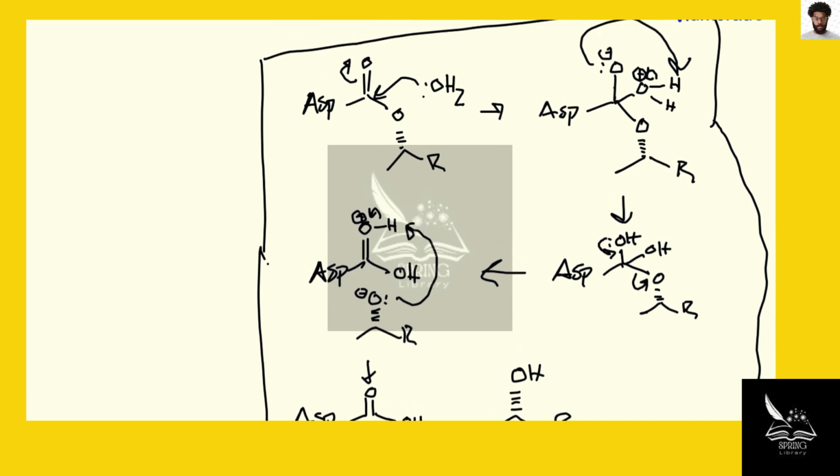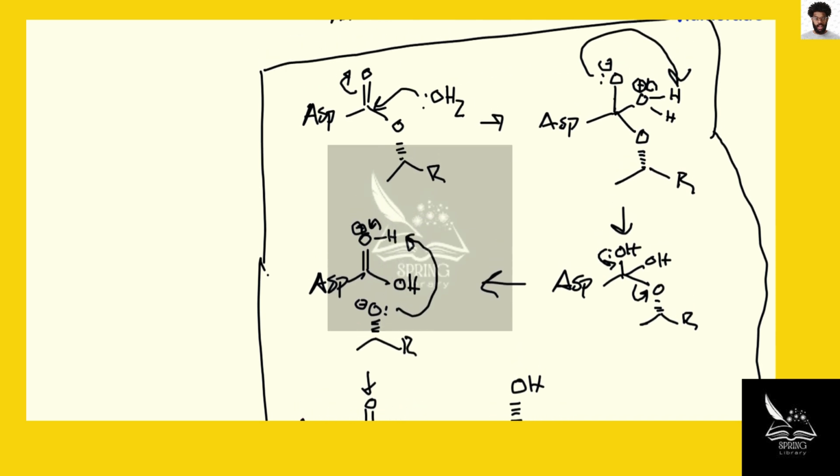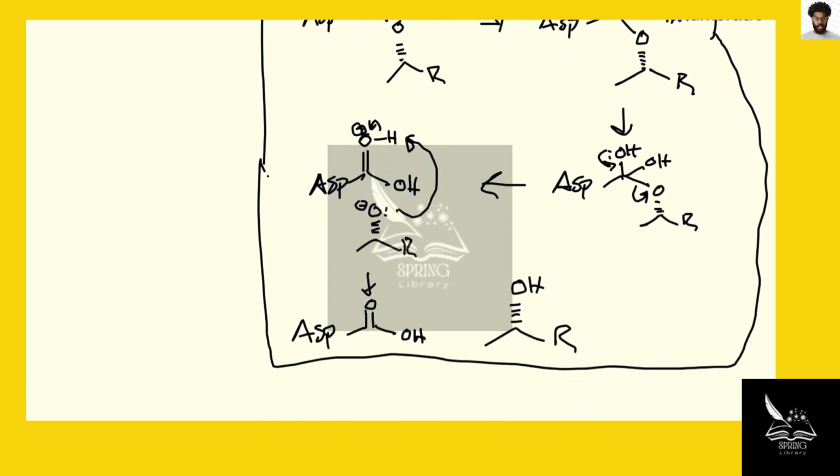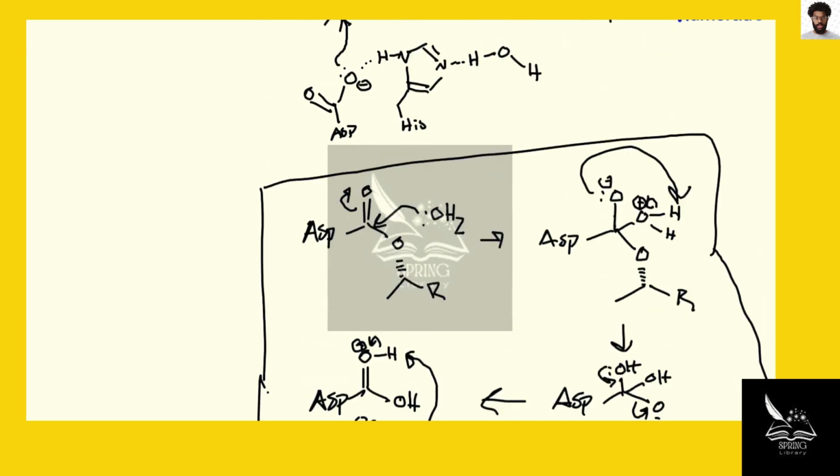Water attacks, pushes the double bond up, proton transfer, double bond reforms, kicks off, in this case, our substrate, and then there's a proton transfer from the acylium cation to our substrate, giving us two neutral products. And that's what is represented by these four arrows being shown in a single step here in red. Everything in this box is basically, most frequently at this level of organic chemistry, just abbreviated with those four arrows.